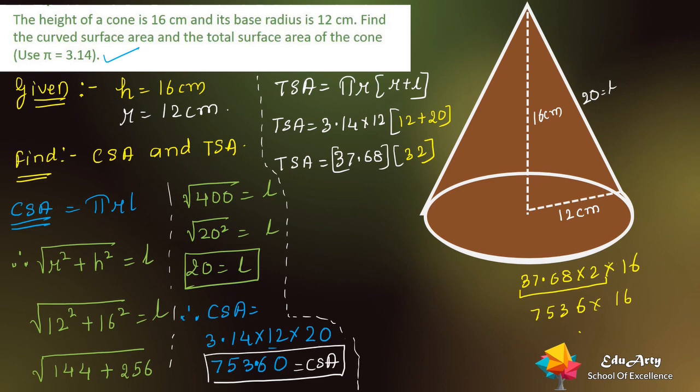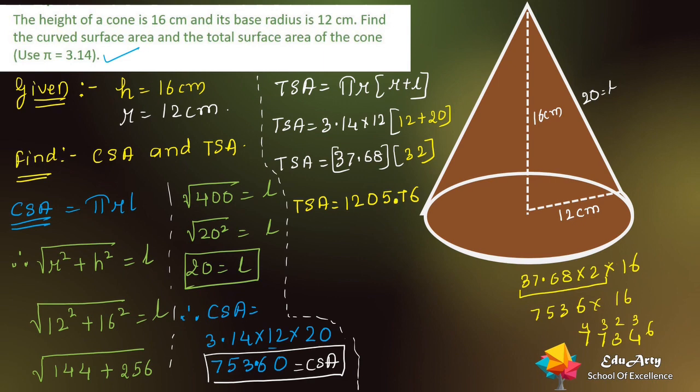So we will write 7 as it is. 42, 42 plus 5 is equal to 47. 30, 30 plus 3 is 33. 6 threes are 18, 18 and 6 is 24, and 6 sixes are 36. So TSA is equal to 7 plus 4 is 11, 11 plus 1 is 12, 1205.76, and you will put a dot after this.